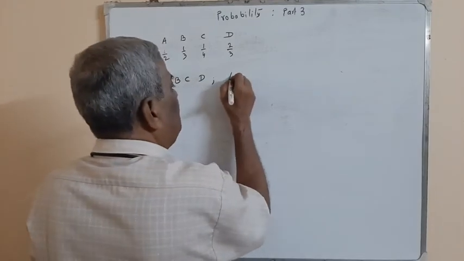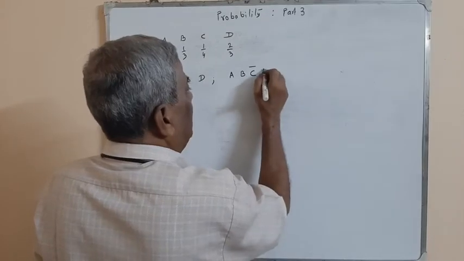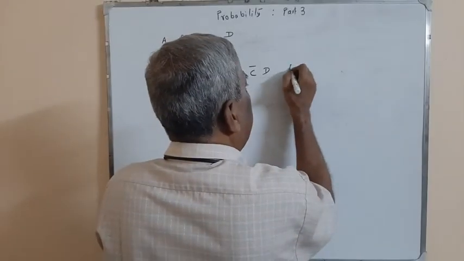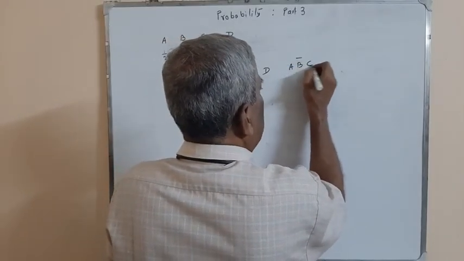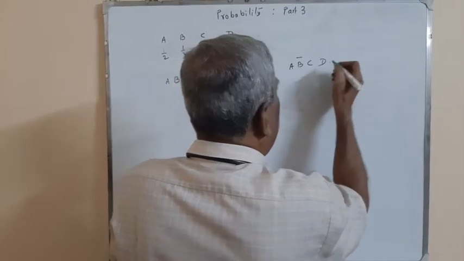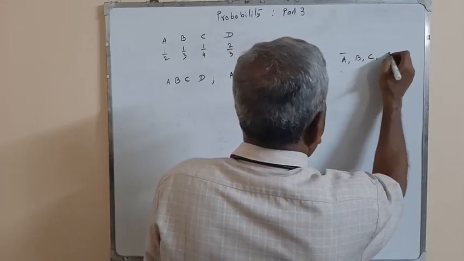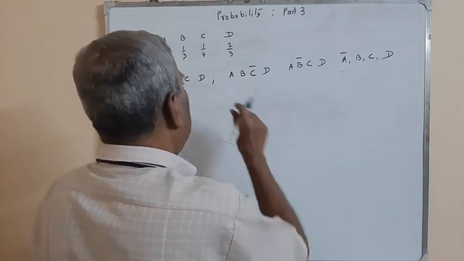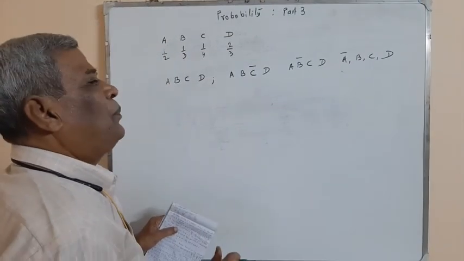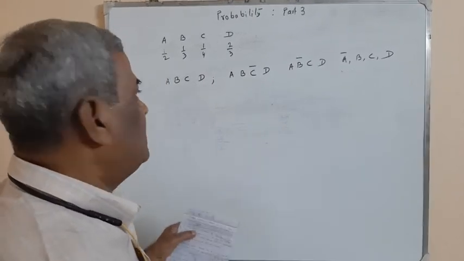Or if he passes any 2 of A, B, C, fails the other, and passes D. In these 2 papers he passed, and D. Similarly, A, B bar, C, D; A bar, B, C, and D, 2 at a time. So these are the possibilities that a candidate can pass the examination.